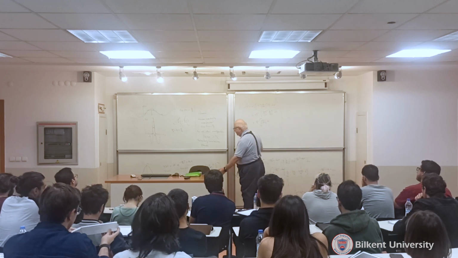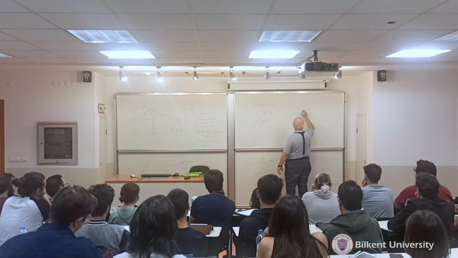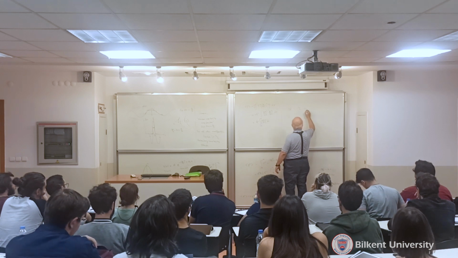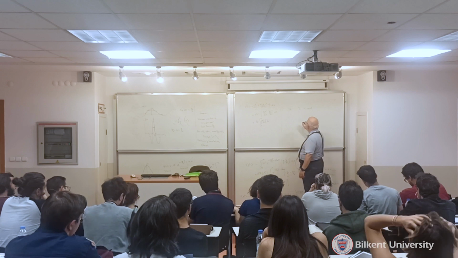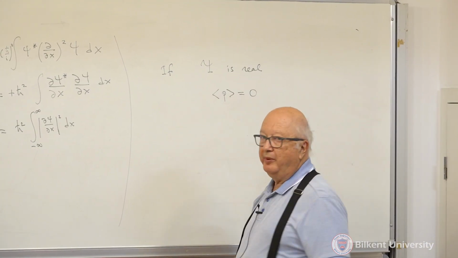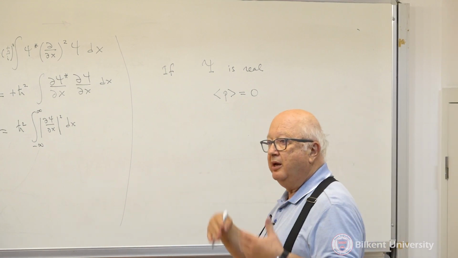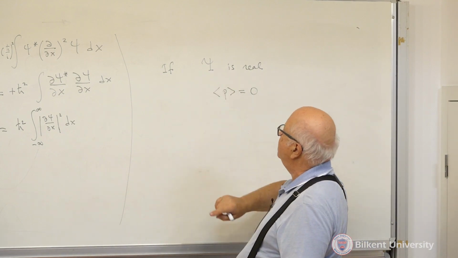If I have a nice real wave function, so if psi is real, then we have seen that the expectation value of momentum is 0. Now, how do I add momentum to this wave function?